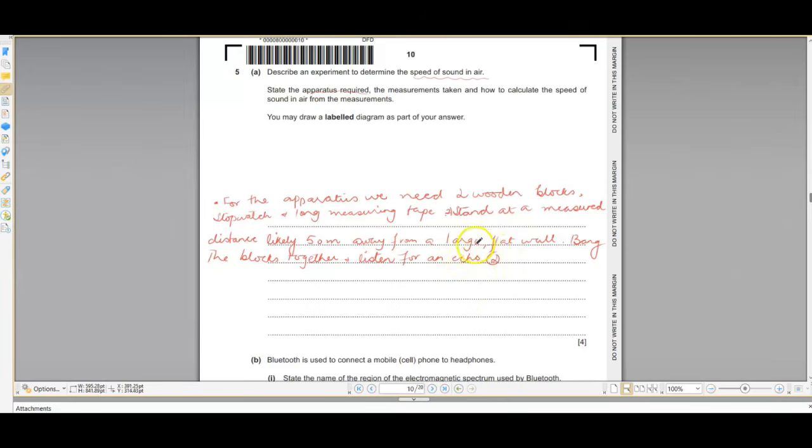Okay. Secondly, what you are going to do is now try to bang the blocks in an even rhythm so that each clap coincides with the echo of the previous bang, ठीक है?